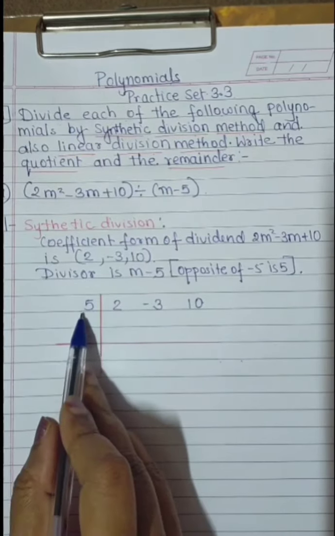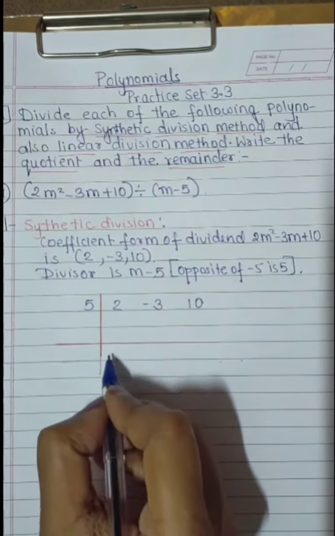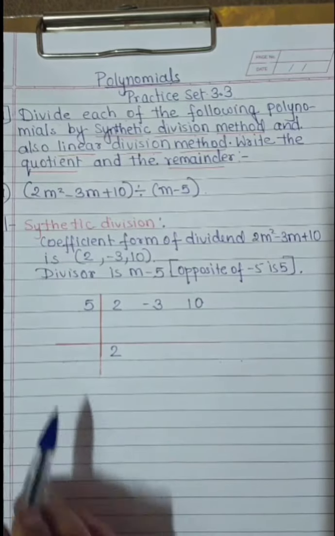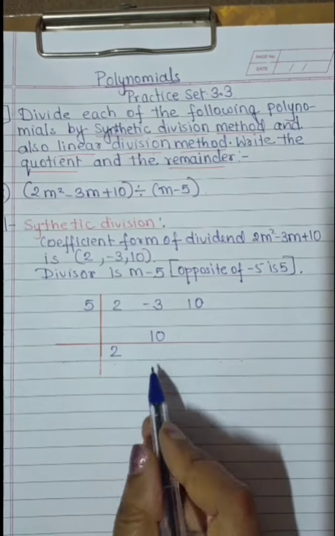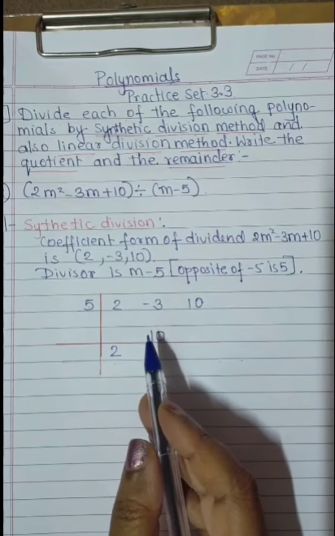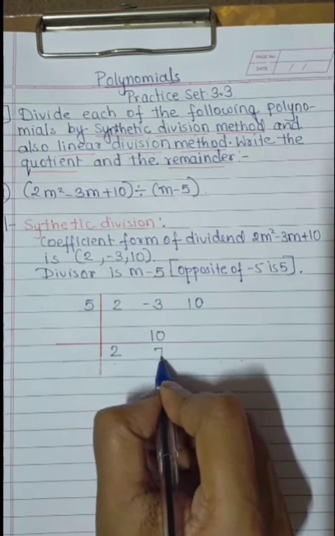Now here 2 as it is, it will come down. Now 5 2s are 10, we will write here. Then 10 minus 3 we will get 7.